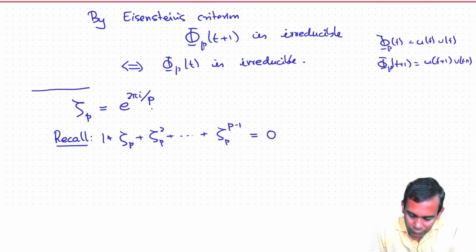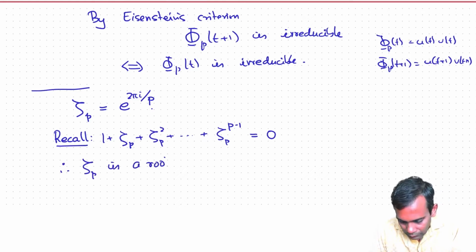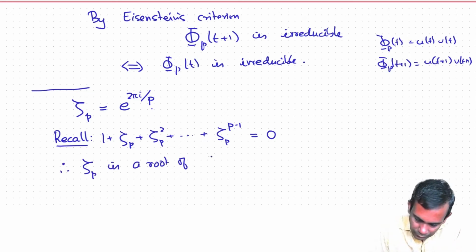You can use the formula for geometric series to check this. Therefore, zeta p is a root of this polynomial phi p t, which is also irreducible.